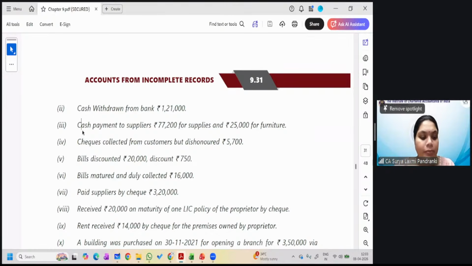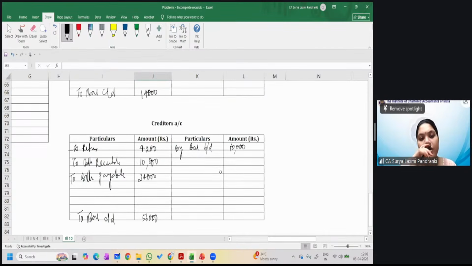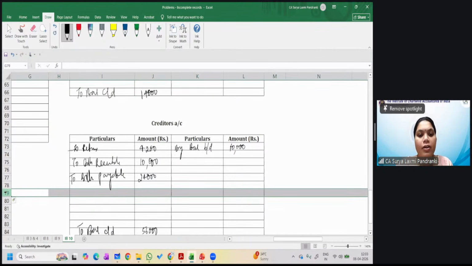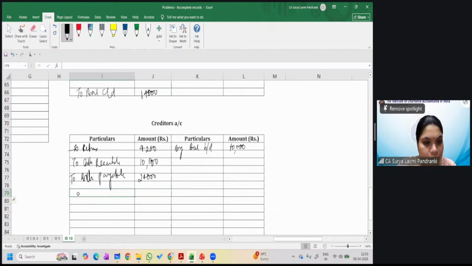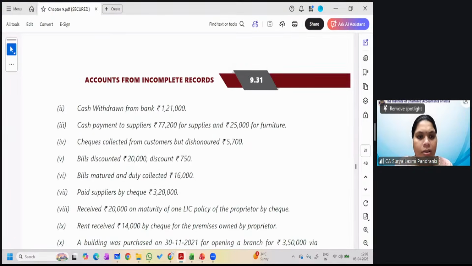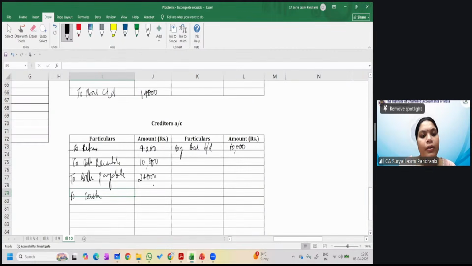What about the third one? Cash payment to supplier, 77,200. So it should come in which account? Creditors account, on the debit side of sundry creditors account. So I will write to cash. Was it cash or bank? Cash only.